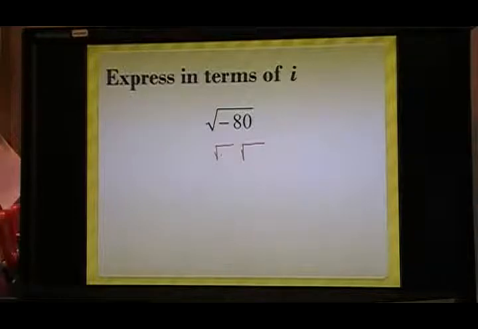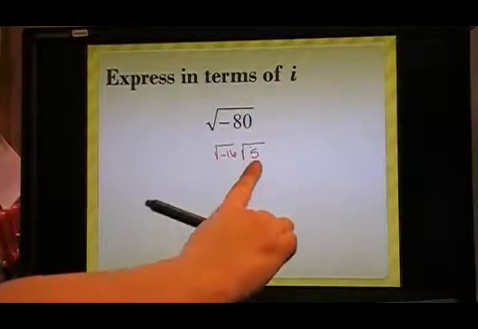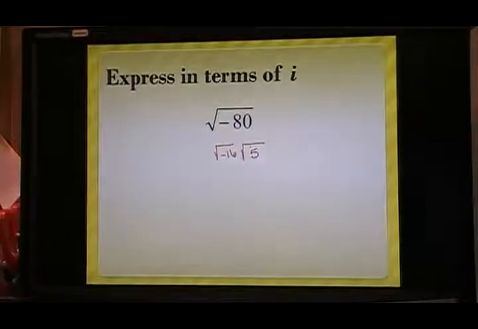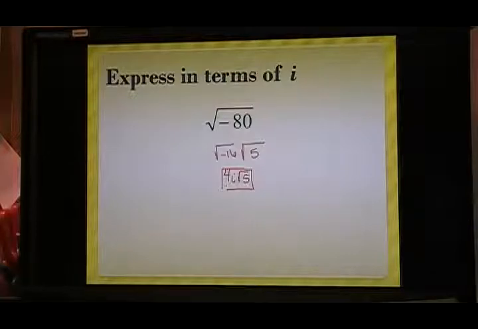I would break it into the square root of negative 16 times 5, because negative 16 times 5 is negative 80. And so the square root of negative 16 is 4i, and then we have our remaining root 5. So, if it's a square root of a positive number, no i. If it's a square root of a negative number, you will have an i.